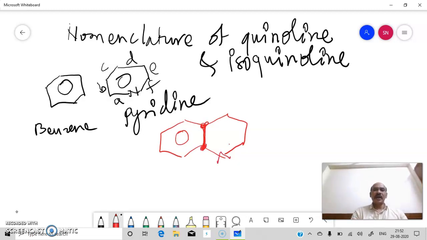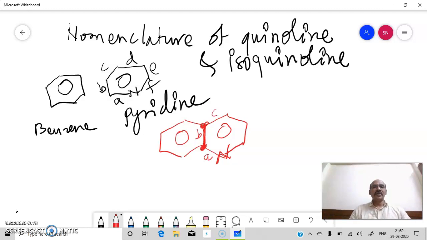Suppose if I write nitrogen here, then next to nitrogen bond is A, next to that is B, and next to that is C. So there is a joining of these two rings at B site of pyridine.